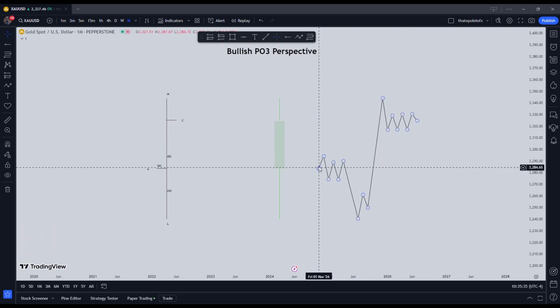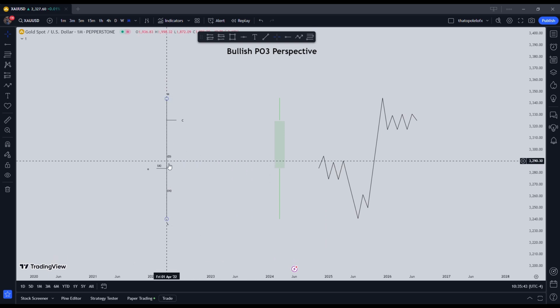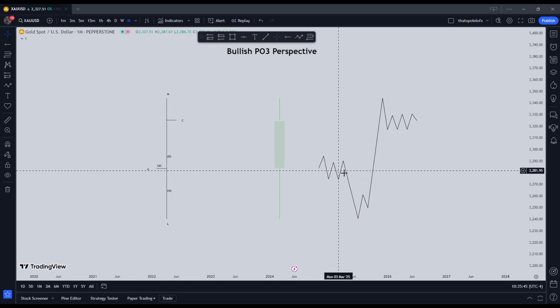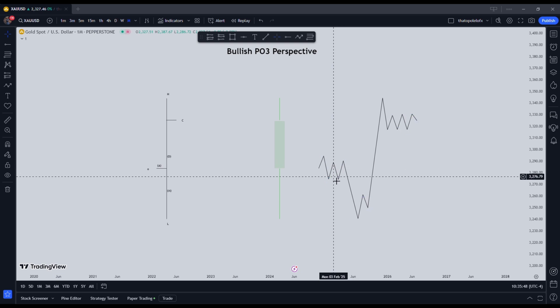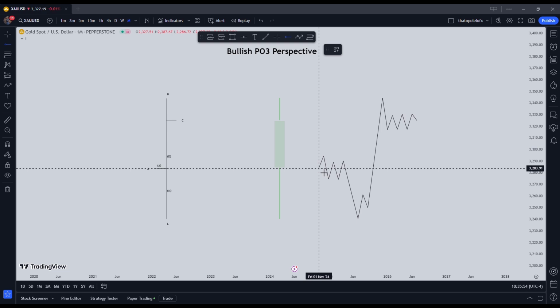We have the opening right here, and within the opening, we expect to see a measure of consolidation, which is accumulation. So this is the accumulation or consolidation happening, and let's mark out our opening price right here. This is our opening price, right?